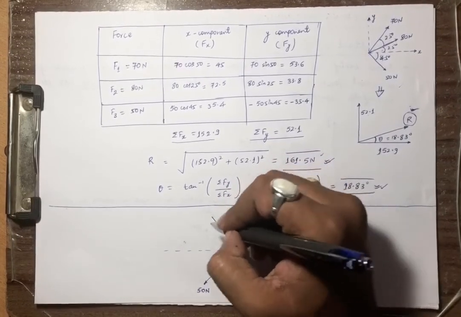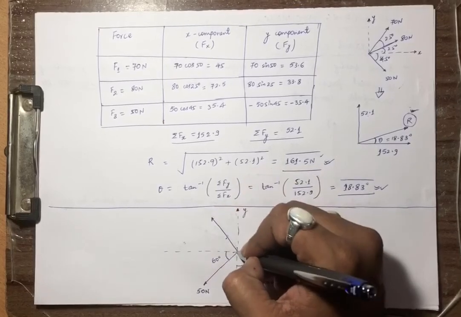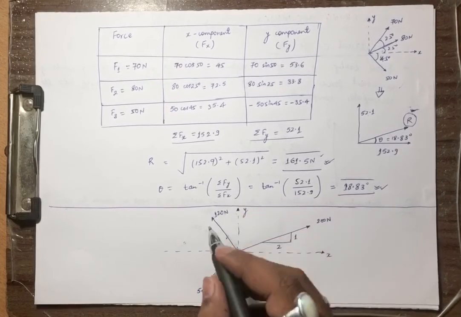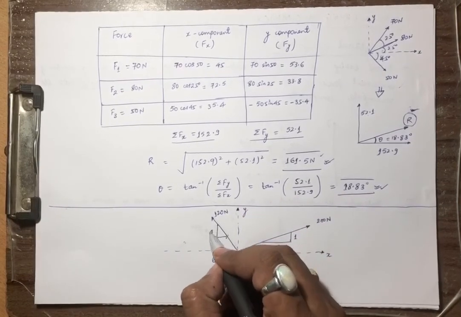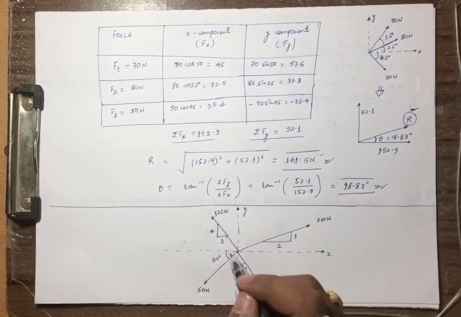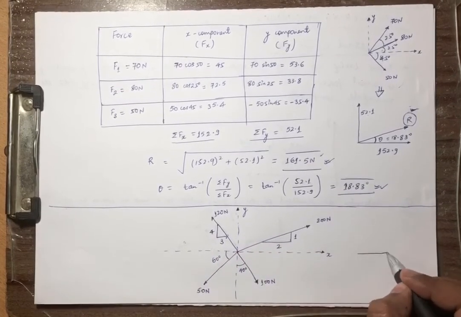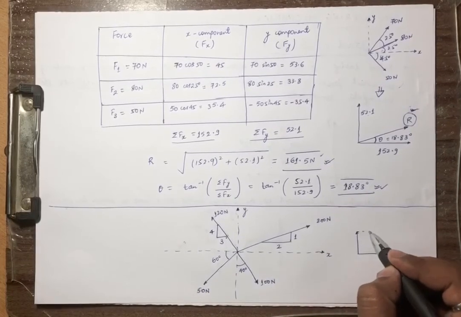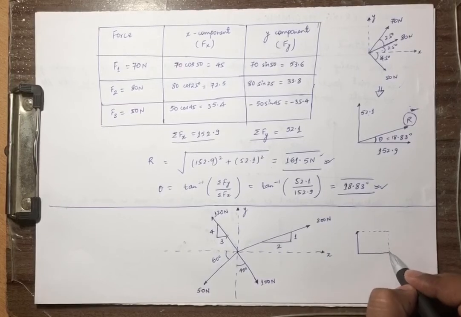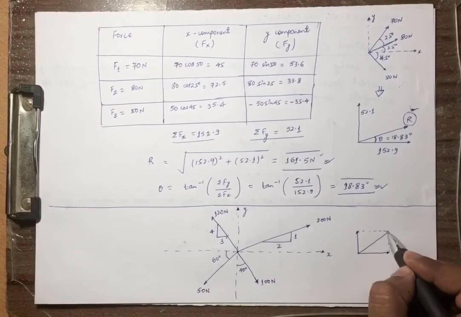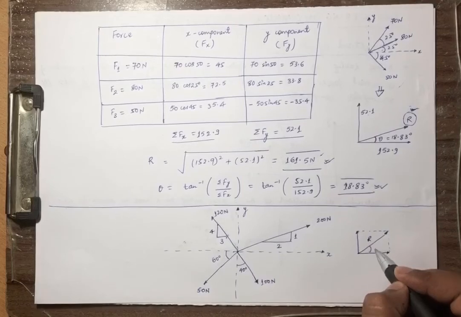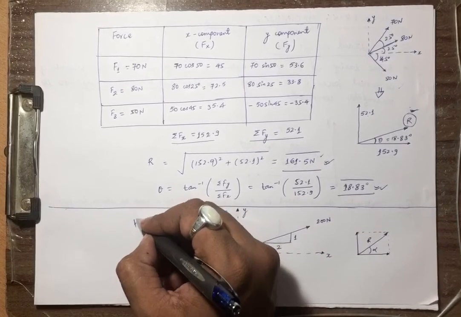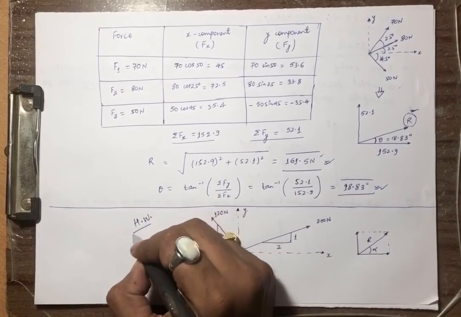And the last one is 120 Newton, and the direction is 4:3. So what you have to do is find this R and this alpha. Okay, so this is your homework.